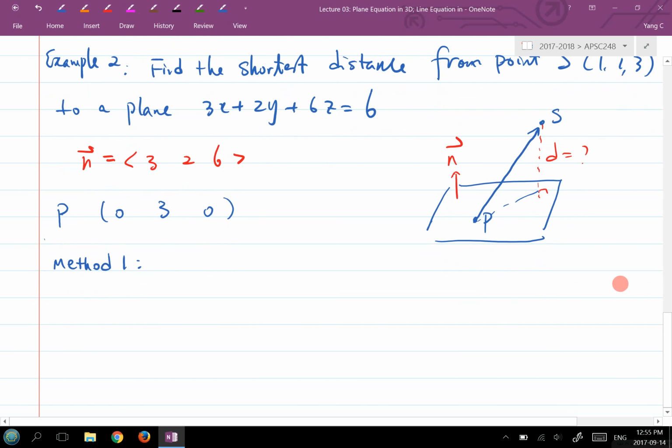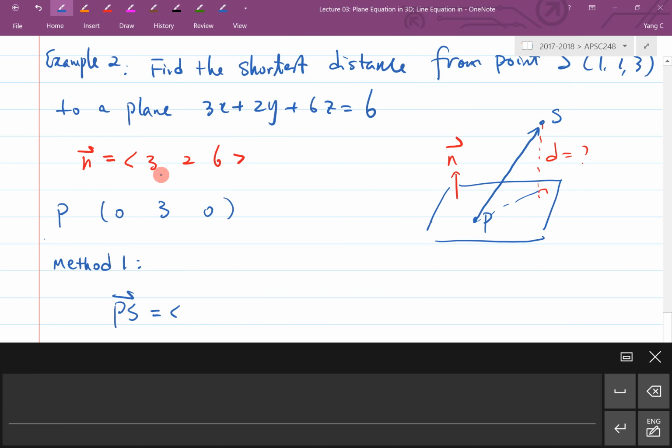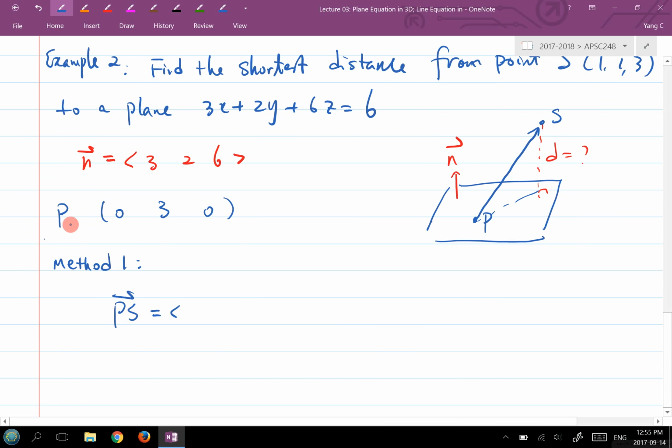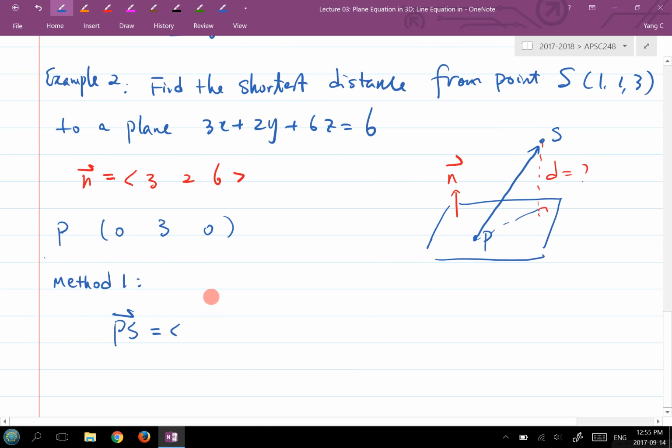So you create PS first, and that is the coordinates of S minus the coordinates of P, which gives you 1 minus 0, 1 minus 3, and 3 minus 0. So that's your PS. And then your D is basically PS dot n hat.